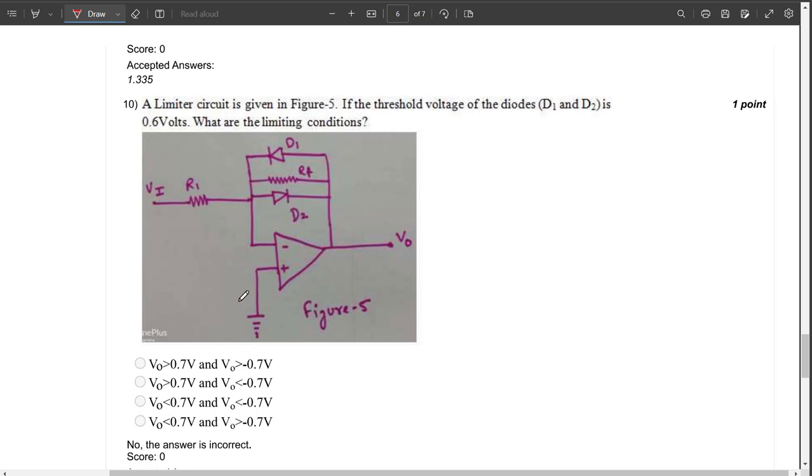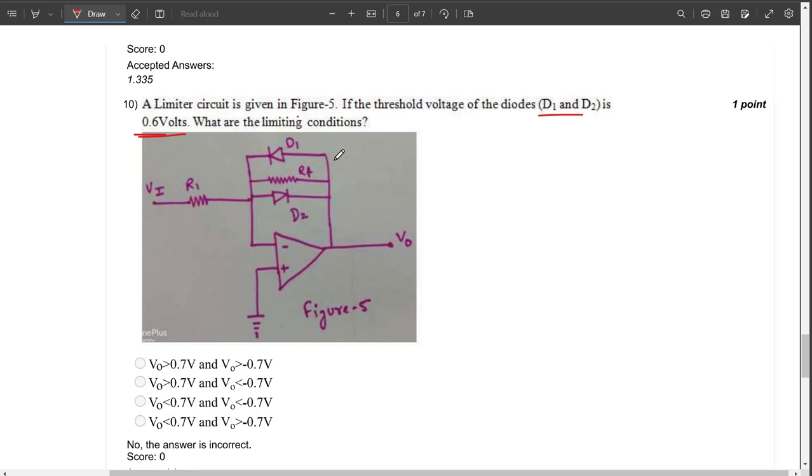Try to solve question number 10. A limiter circuit is given in figure 5. If the threshold voltage of the diodes D1 and D2 is 0.6 volts, what are the limiting conditions?